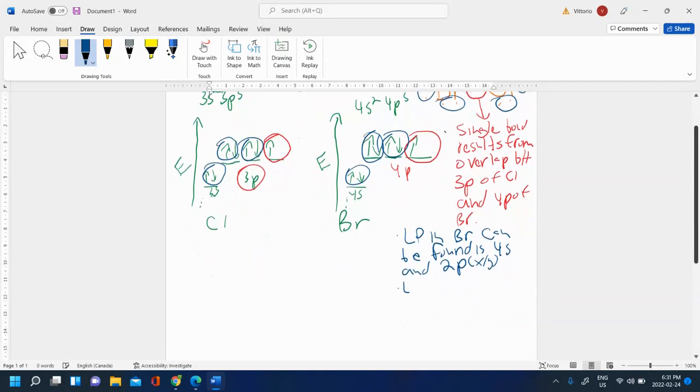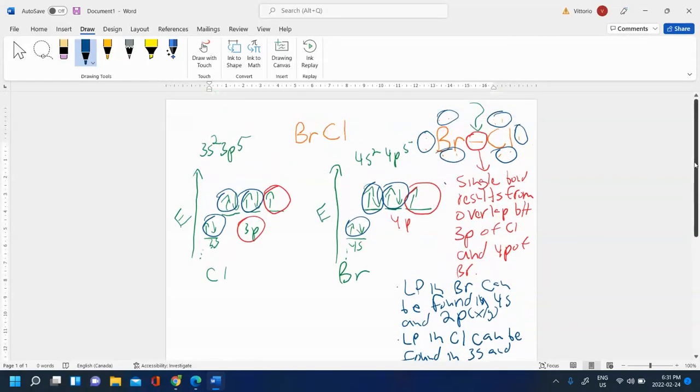And then lone pairs in chlorine can be found in the 3s and 3p orbitals, specifically the x and y ones.